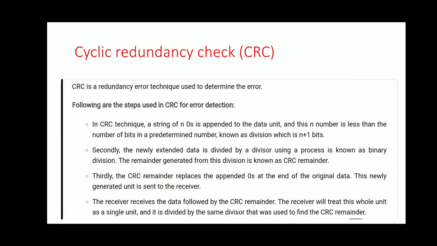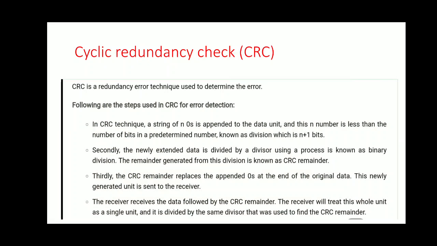In the cyclic redundancy check technique, a string of n zeros is appended to the data unit, and this n is one less than the number of bits in a predetermined number known as the divisor, which is n plus 1 bits.